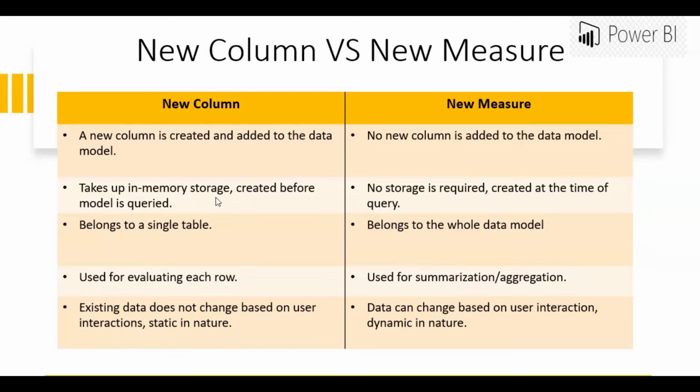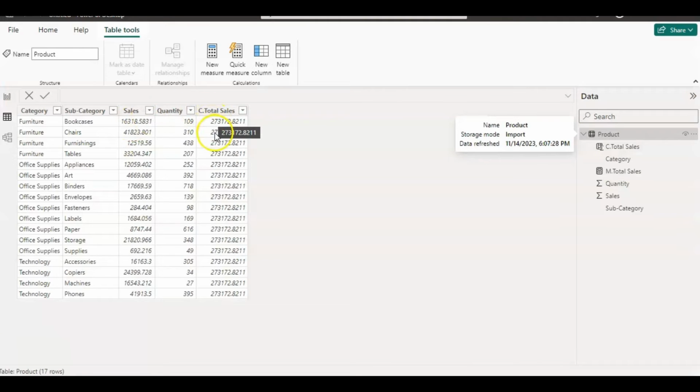Let's discuss the second point, that is new column takes up in-memory storage, created before model is required, whereas in new measure, no storage is required, created at the time of query. Here we can see that in new column, a column is created and added to the data model, so it takes up in-memory storage of Power BI.